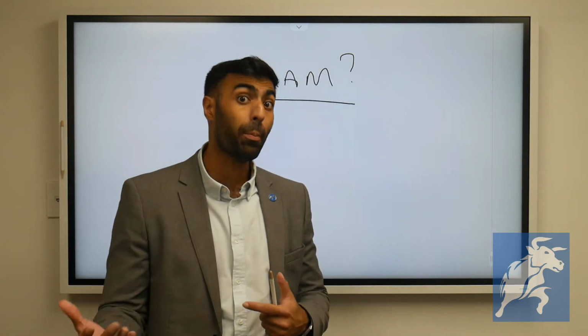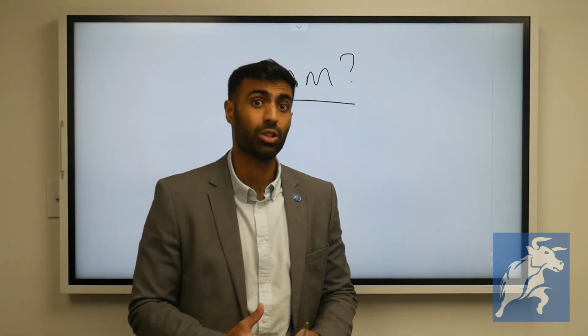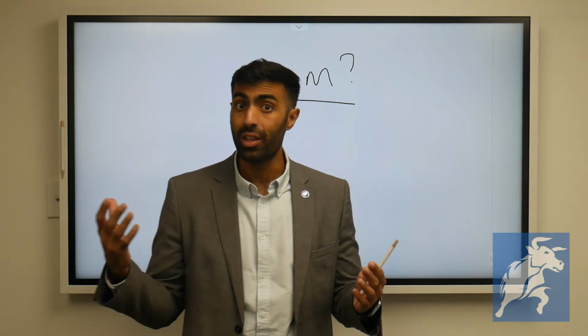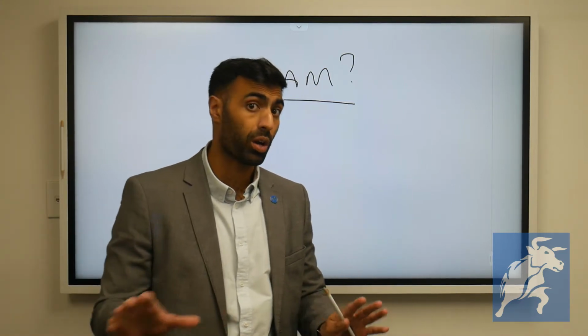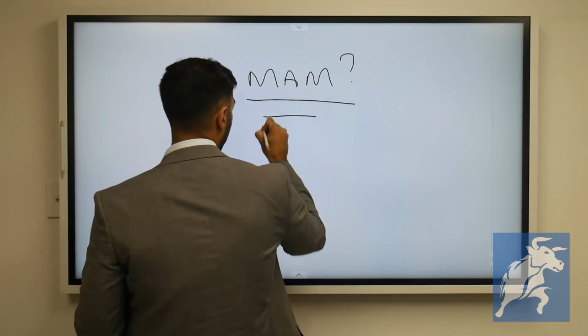Well, with our platform, the BlackBull Markets MT4, the MAM account technology is integrated with the platform. It allows for a few things to consider when you do set one up. So firstly, what you are set up with is your master account.